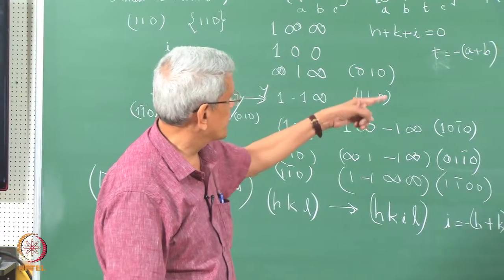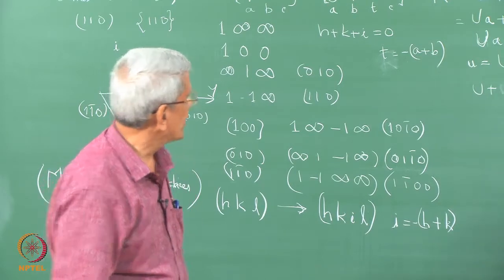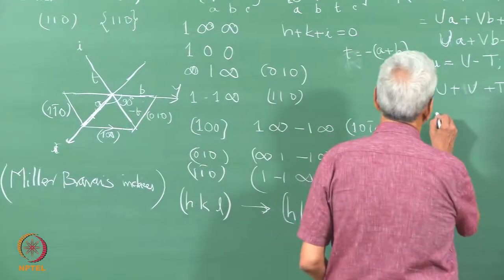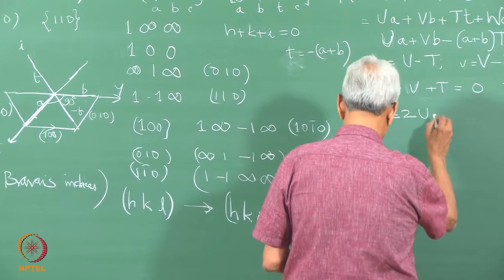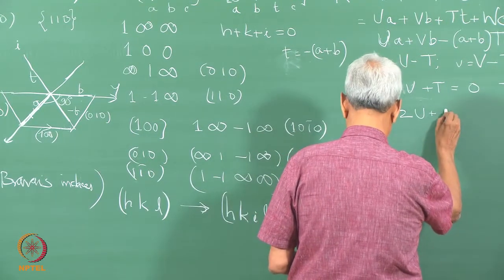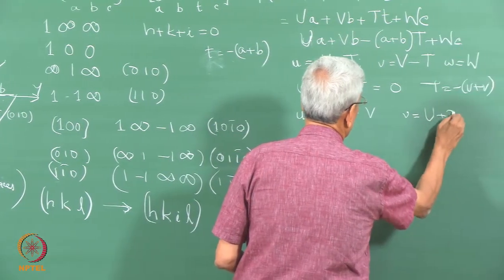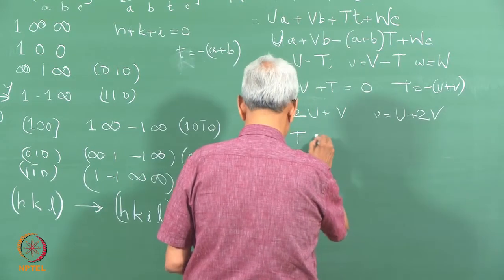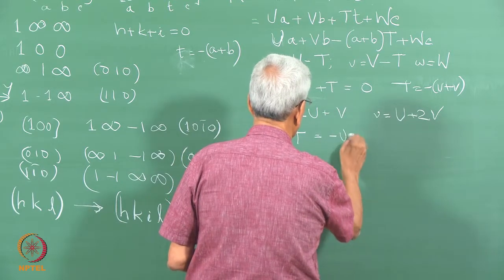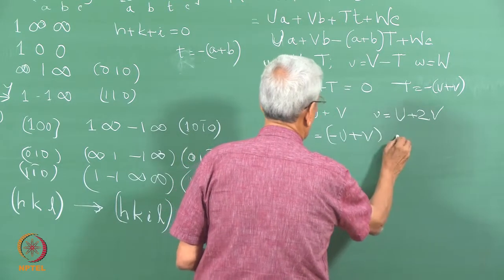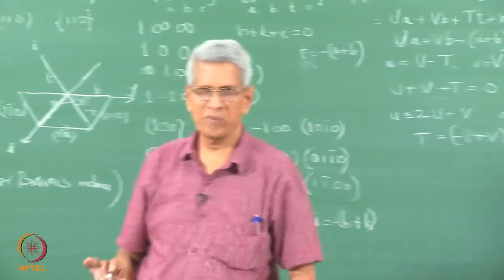Now if we substitute for T and find out what it turns out to be, U will turn out to be 2u plus v, small v will turn out to be u plus 2v, T equals minus of (u plus v), and W equals W. This is the expression which will turn out.